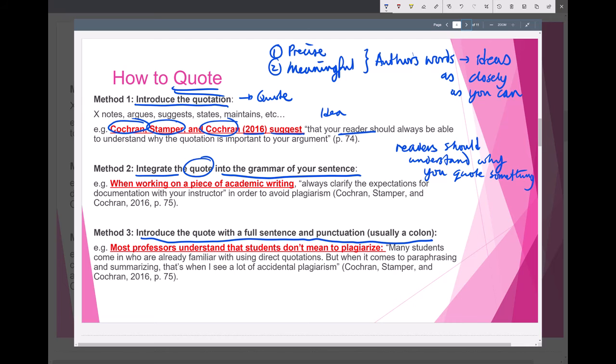So I had reader should understand. I got why. I got quotation or quote. Why you quote something. Sure, but I may miss something here, that why your quote is important to your argument. I'm implying that, but I didn't have it in writing.